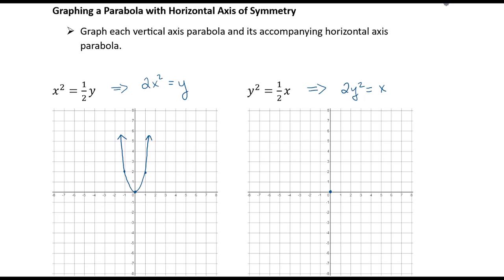So instead of having a parabola that is twice as tall, it'll still be twice as tall, but it's laying down on its side. So in the way that we can think that this parabola was opening up towards the positive y's, this parabola is opening to the right to the positive x's.